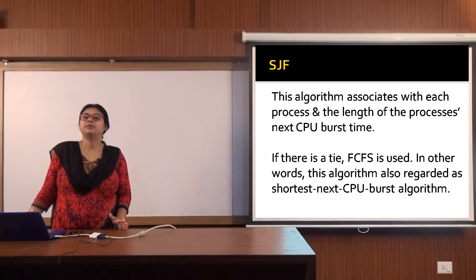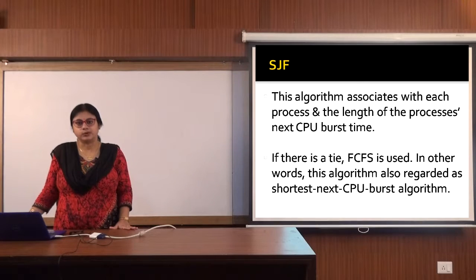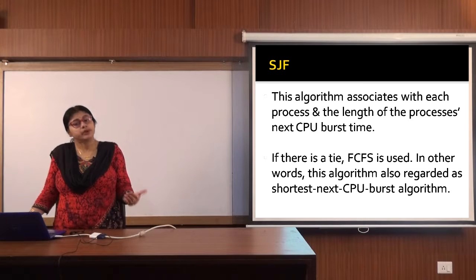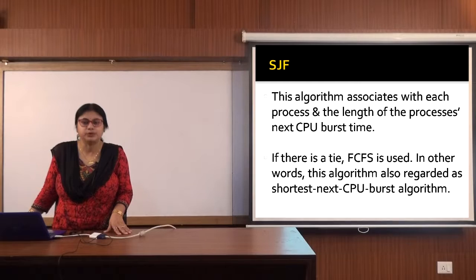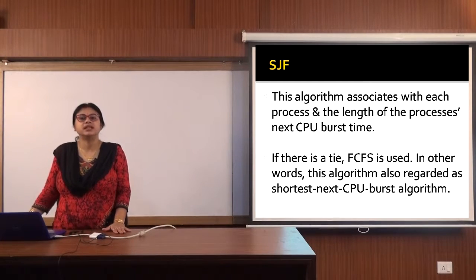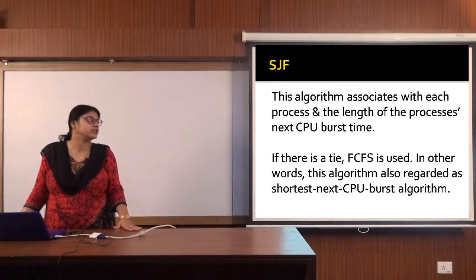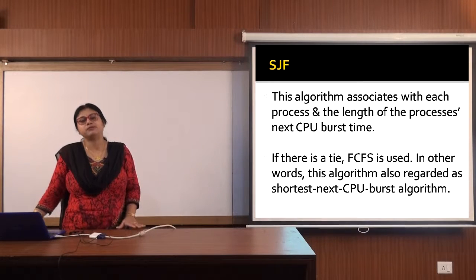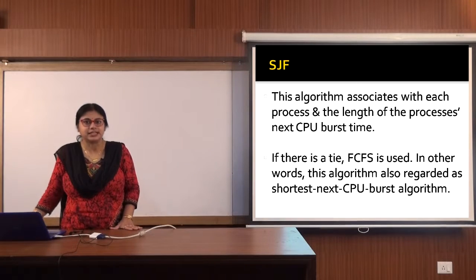If both have the same CPU burst time, then there is a tie, because the operating system has to decide which process to execute inside the CPU first. The process which came first with the same burst length will be allowed to run first. So here we are considering FCFS, first come first serve, in case of the same CPU burst length in SJF.